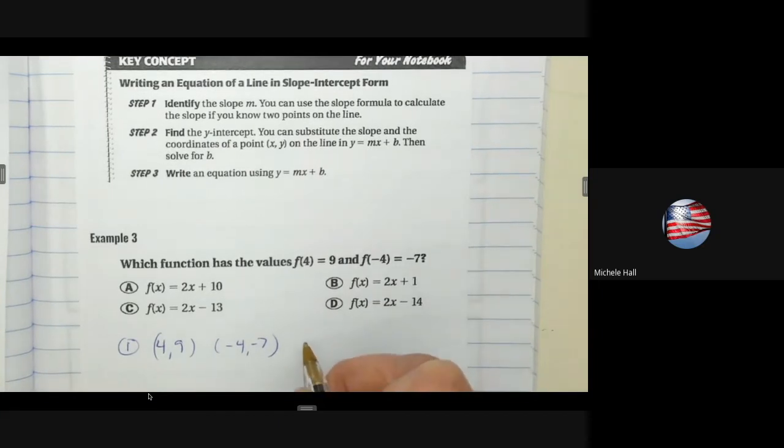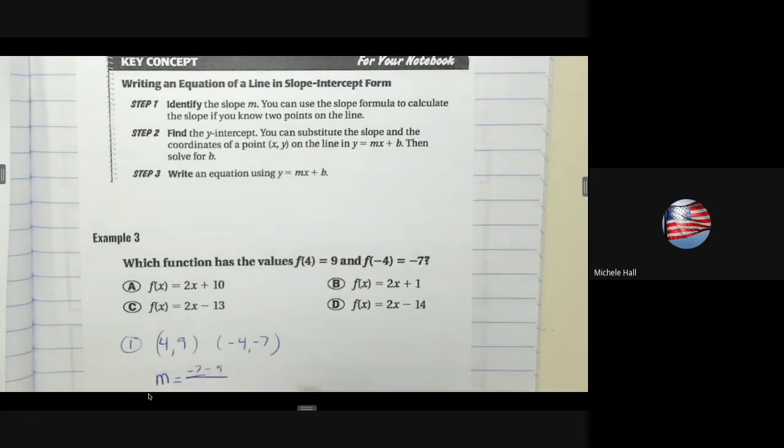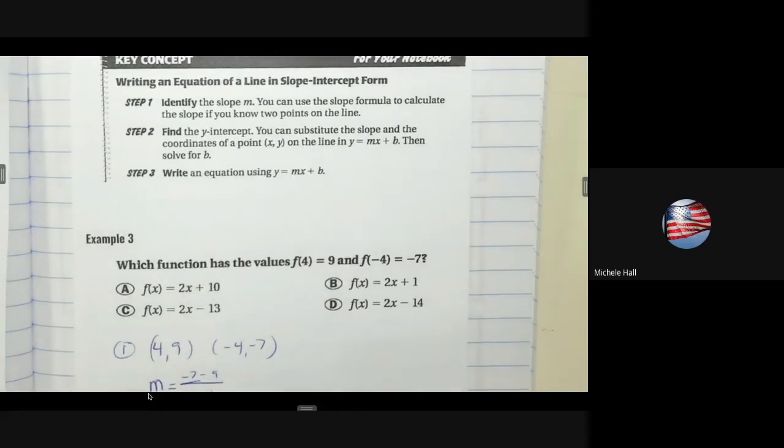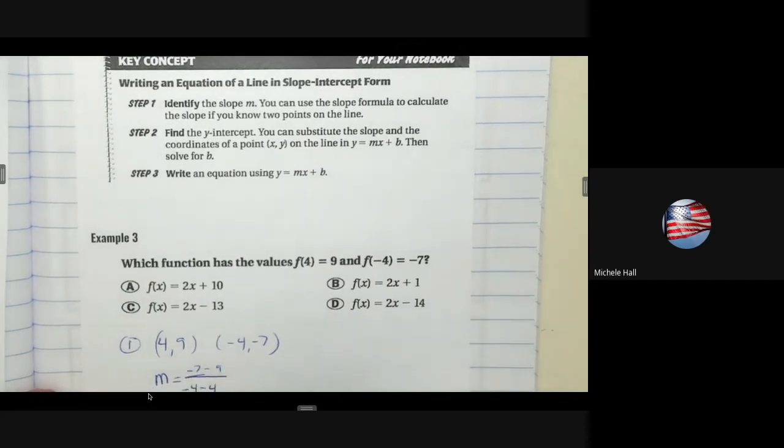Our slope will be -7 minus 9 divided by -4 minus 4. -4 minus 4. We have -16 over -8. We know that m equals 2. And I'm going to use the point 4, 9.